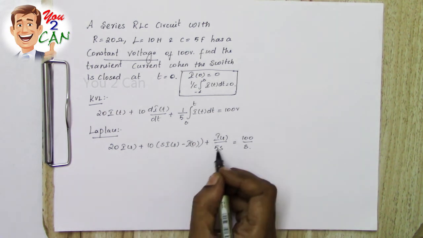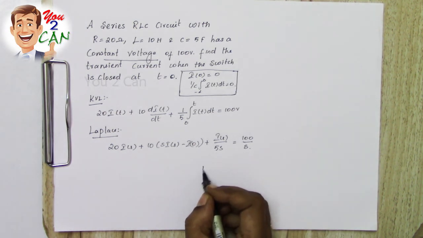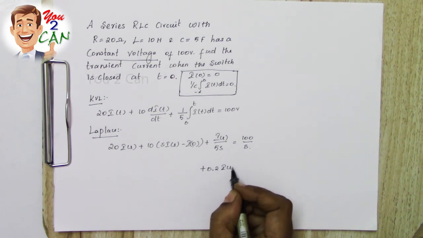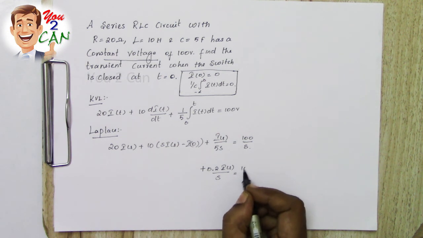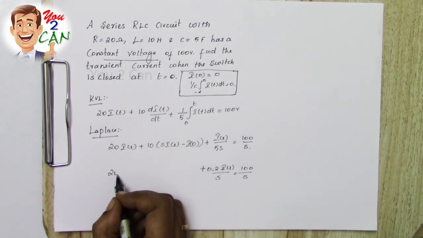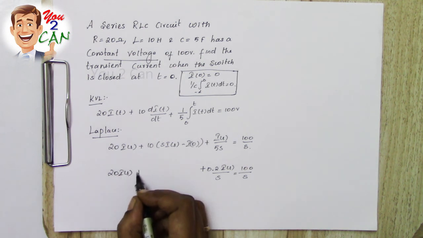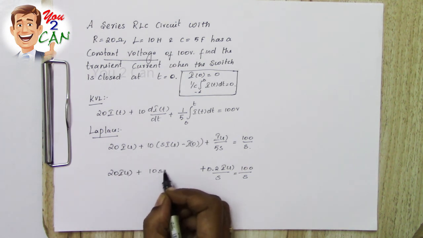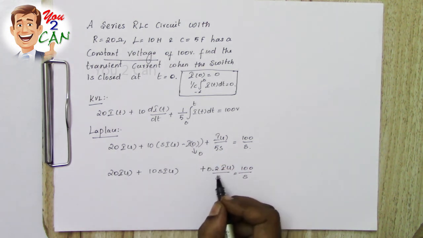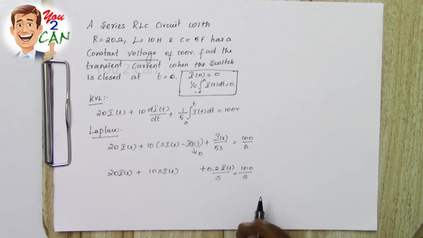Here 1 by 5 I have written as 0.2, so 0.2 I(s) by s equal to 100 by s. Now it is 20 I(s) plus 10s I(s), as i(0) is taken as 0, plus 0.2 I(s) by s equal to 100 by s.